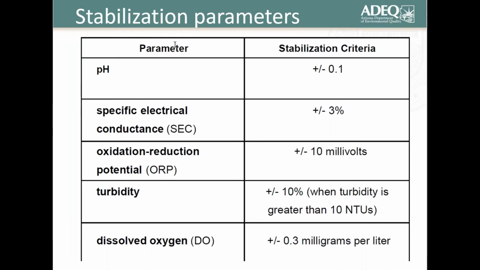And so we want to make sure we're at plus or minus 10%, especially if it's turbid. Ideally, though, the well is screened properly, but you will get sedimentation over time. And so we want to make sure that our turbidity parameter is stable before we move on.